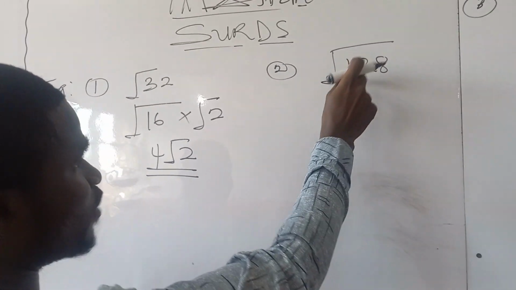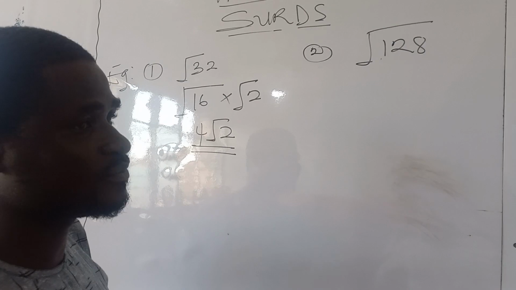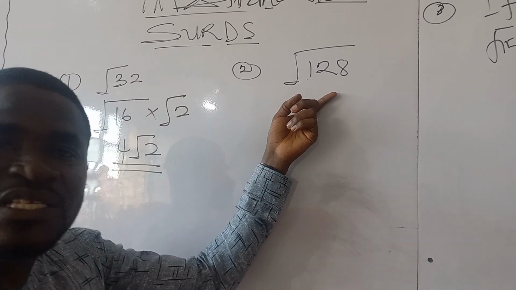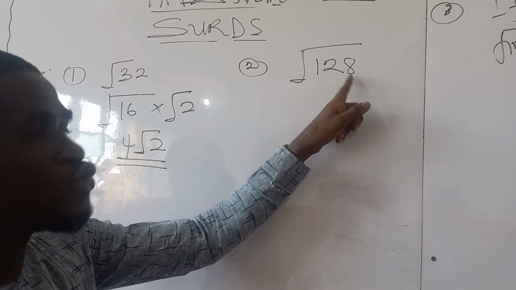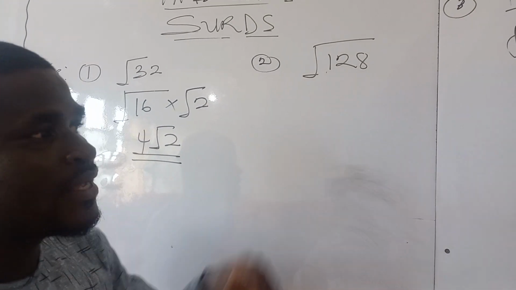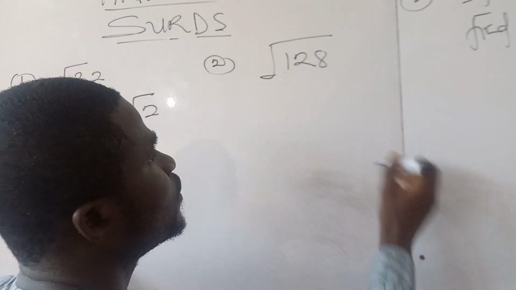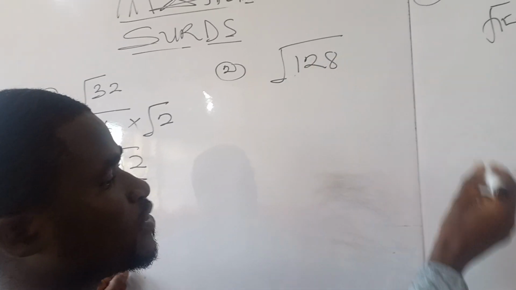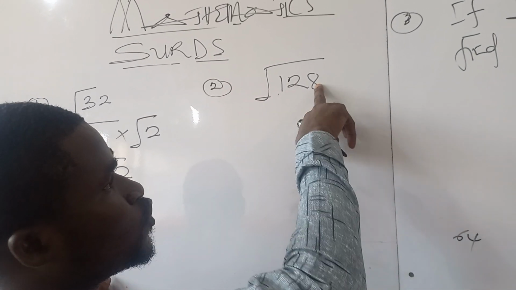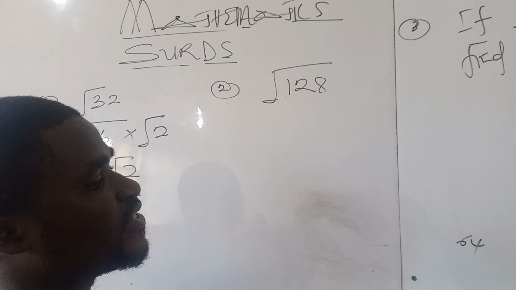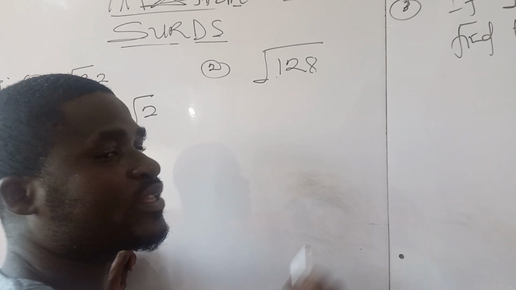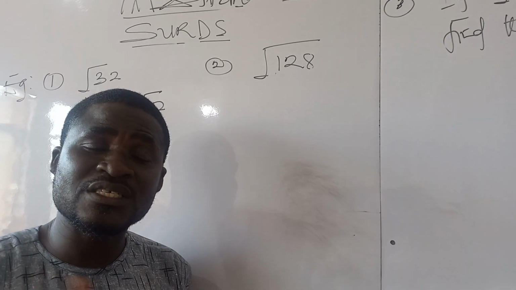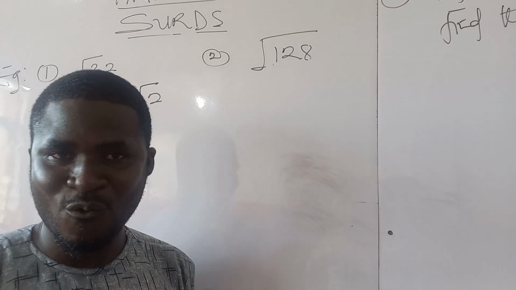We have square root of 128. Now let's start from 2. 2 times what number will give you 128? 2 goes into 8, 4 times. 2 goes into 12, 6 times. So 64. 64 times 2 will give us 128, because we can square 64.